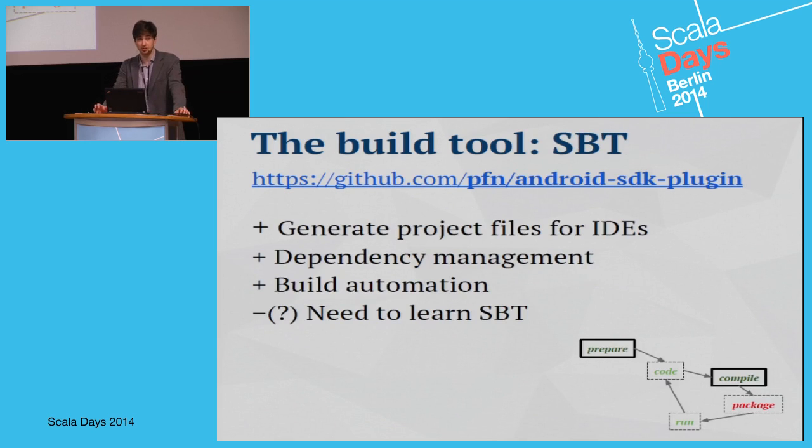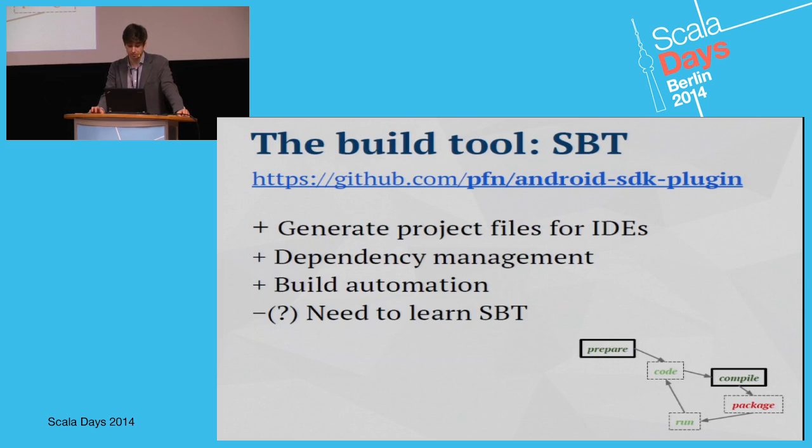Another option is to use SBT, and there are actually two plugins, but this one is actively maintained. You set up an SBT build file, add this plugin, and you can generate project files for IntelliJ IDEA or Android Studio, which is the same. You get dependency management, so you can use Android libraries and whatnot, and you have build automation, with all these test, clean, build, compile, run commands.